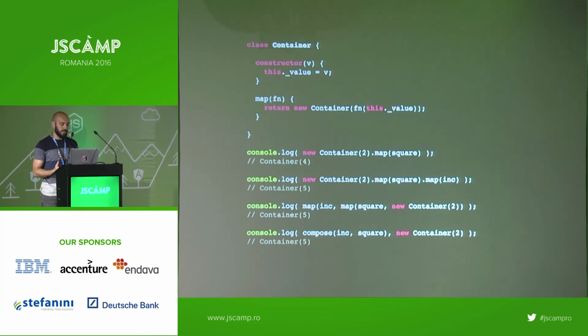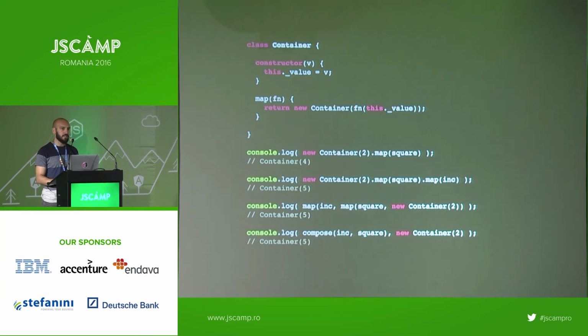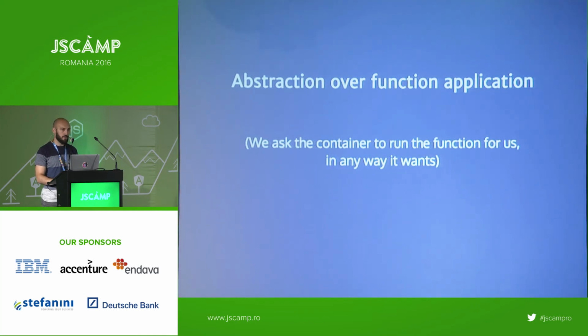The better question here is what do we get from asking our container to run functions for us? So the key is that the container will run the functions. And that allows us to abstract over a function application.